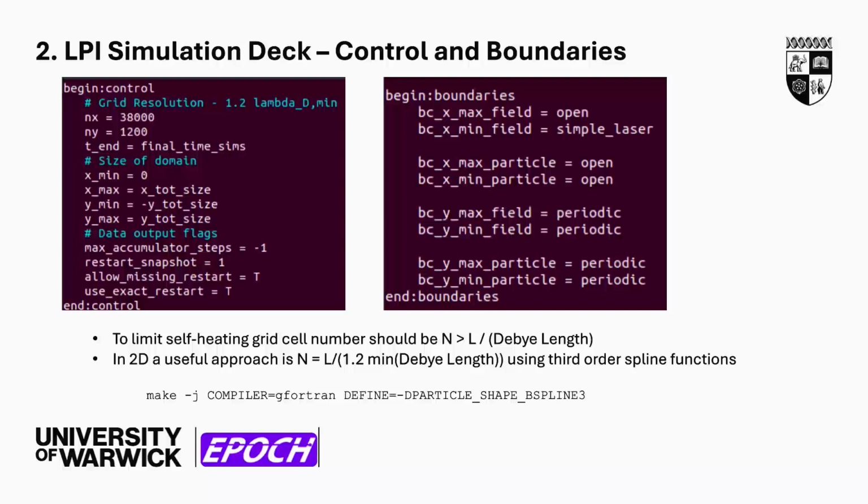If you're doing things like side scattering LPI, this is a case where your light wave exits the simulation perpendicular to your density ramp. These can then come back into your simulation, and if you remember, I was talking about these convective growths where you only have a certain region where they can grow. They leave the simulation, they're capped at a certain gain because they've left that resonance region.